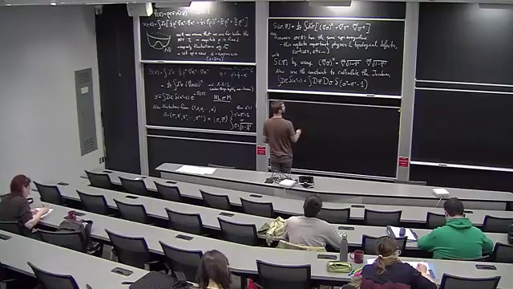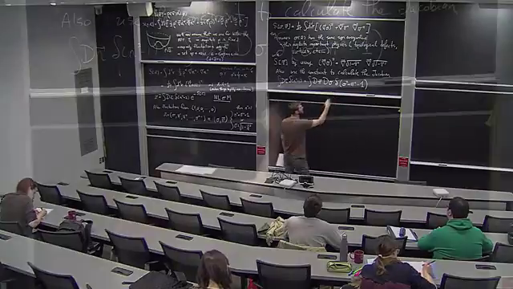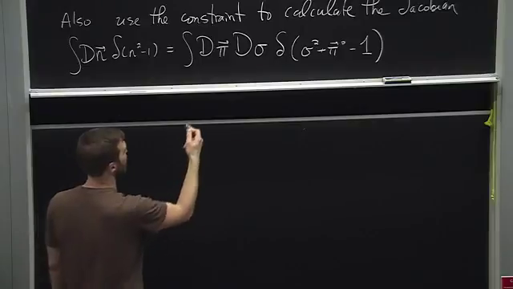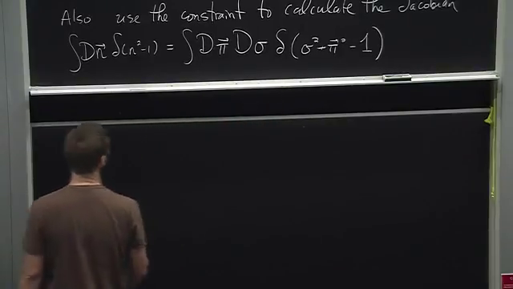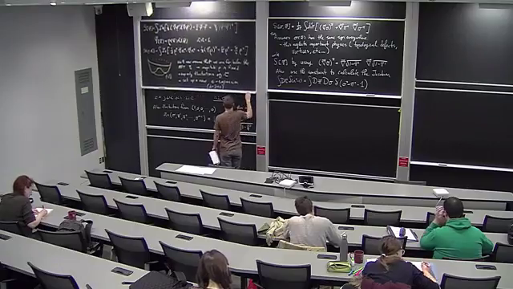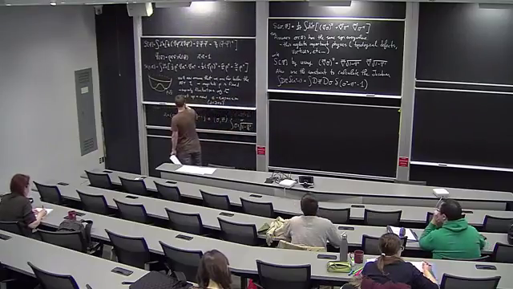Okay, so you just need to use a trick. This delta function, I want to write it in a way that I have a functional integral and a delta function. So let me just sketch that out without doing every step.